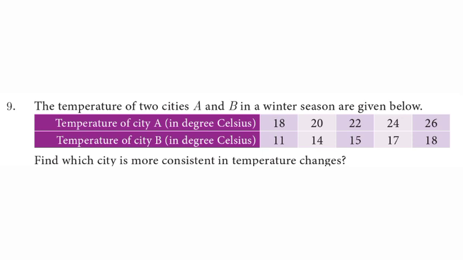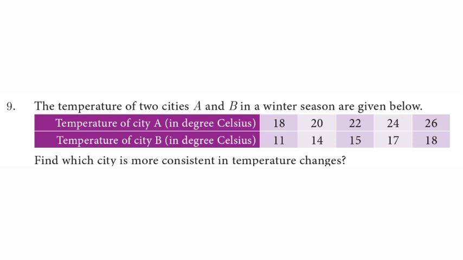Use any one method, find the standard deviation sigma value, and then we find the CV1, that is for temperature of city A. Second part, temperature of city B, we also find three values. First x bar, second standard deviation, third CV2. Okay, we find mean, standard deviation and CV, and then whichever CV is less, that is more consistent.